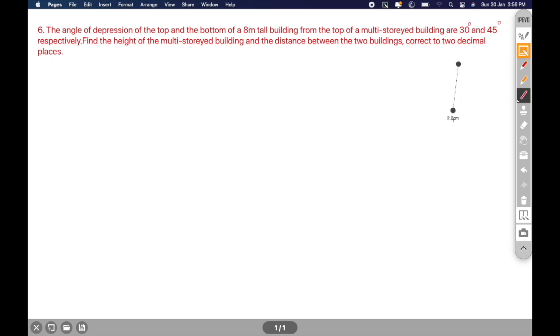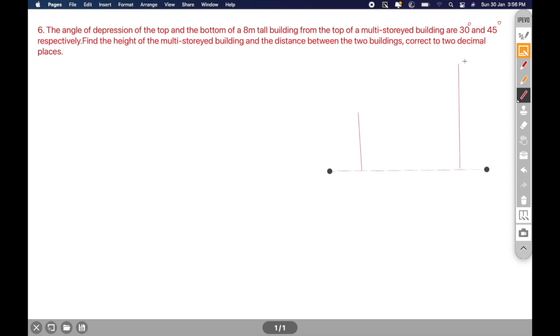So we have a multi-storied building and we have another tall building of 8 meter height. This is the ground and the buildings naturally will be perpendicular to the ground. Now the angle of depression of the top and bottom of the 8 meter tall building.